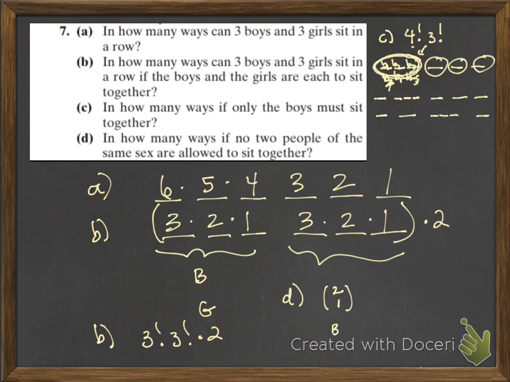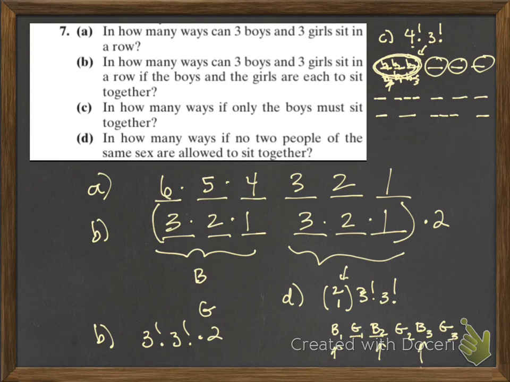So if you have boy first, you know you have girl, then boy, then girl, then boy, then girl. The boys' positions are fixed here, but they can sit in any order. So there's 3 factorial ways you can arrange the boys. Similarly, the girls' positions are fixed once you've decided who goes first, but you have to permute the different girls. So also times 3 factorial.